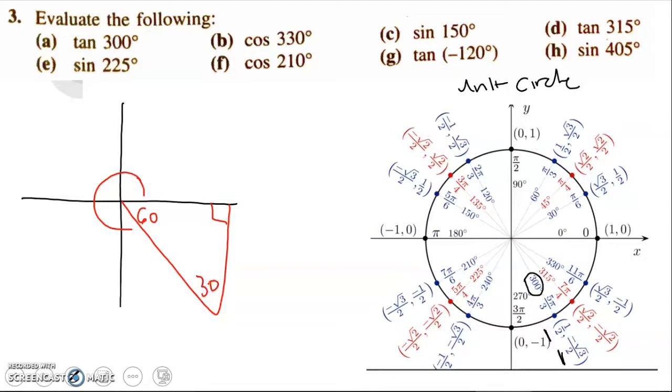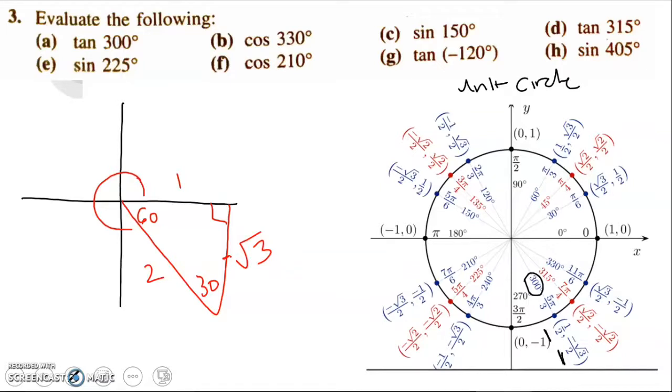So this should be a 30, 60, 90 triangle. I know my ratios, which are 1, square root of 3, and then 2. Remind yourself which one should be negative. I know this should be a positive 1, but this should be a negative square root of 3. Okay?